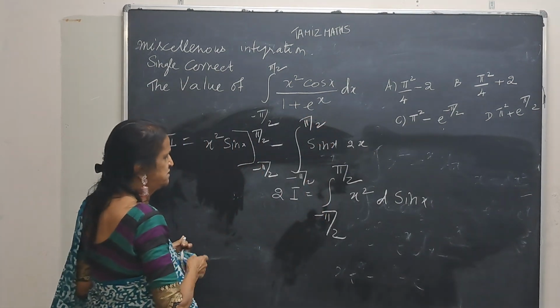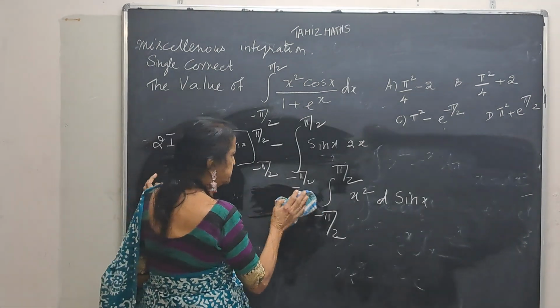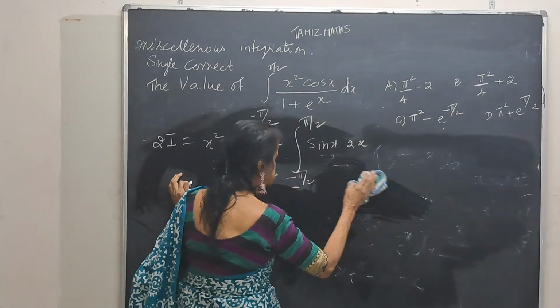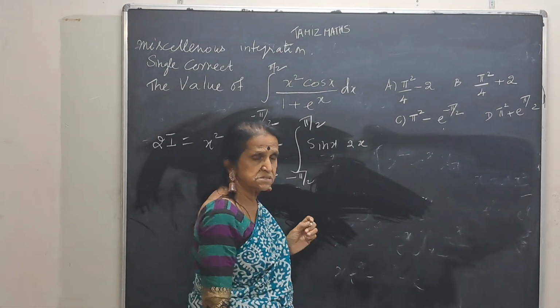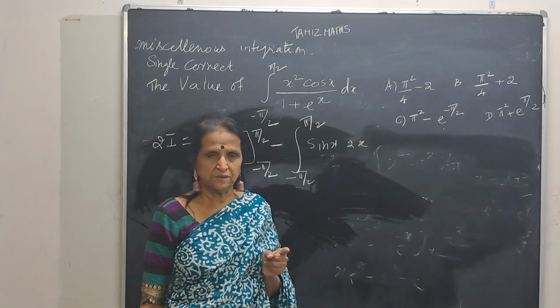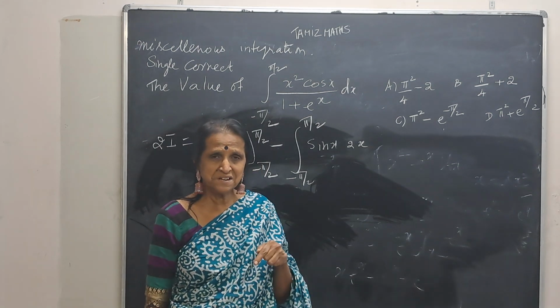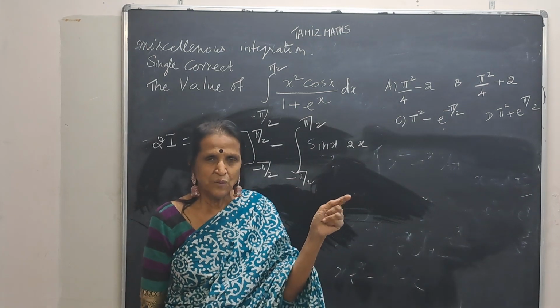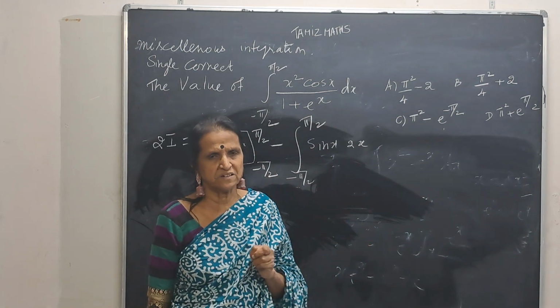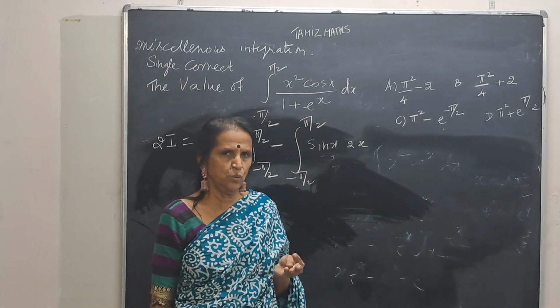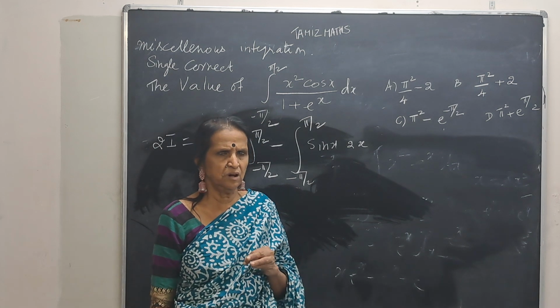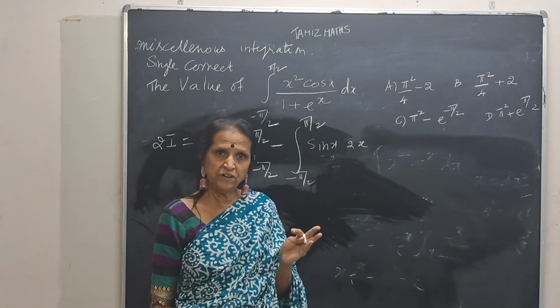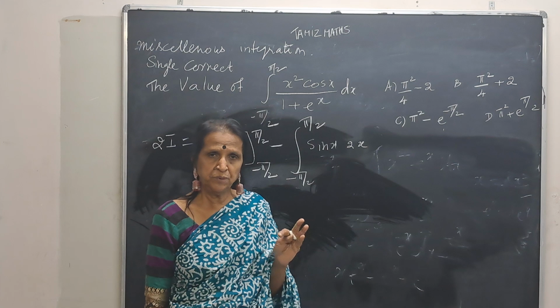I hope you understand. Make mistakes, just make plenty of mistakes. That is the way to learn. But make mistakes while you are learning, not in the exam. When you go for exam, you have to be perfect. When you're making a mistake while working, it doesn't matter. You will learn a lot. But before we go for exam, we have to be very perfect.